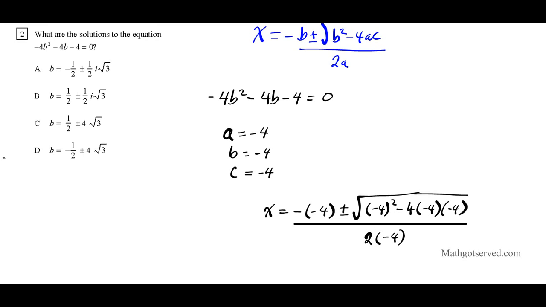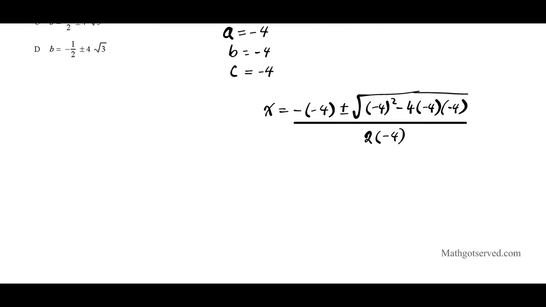All right, let's go ahead and work this out. Using the order of operations, we're going to simplify this entire expression right here. So negative times negative is positive. So we have 4 plus or minus the square root of negative 4 squared is 16. Minus times minus is a plus, times a minus is a minus. 4 times 4 is 16. 16 times 4 is 64.